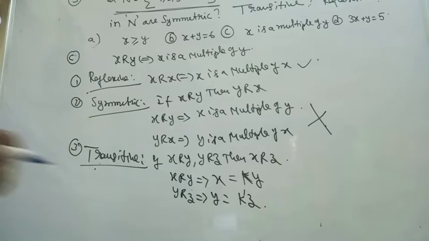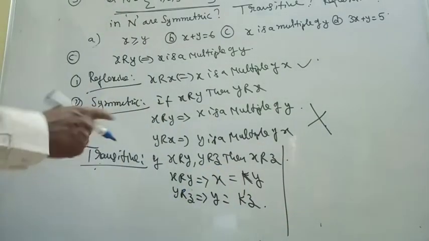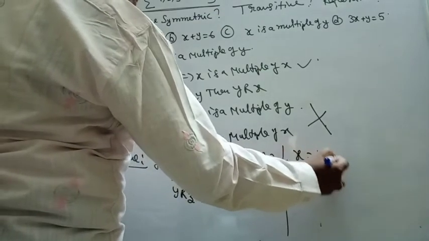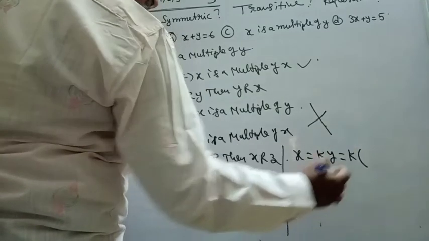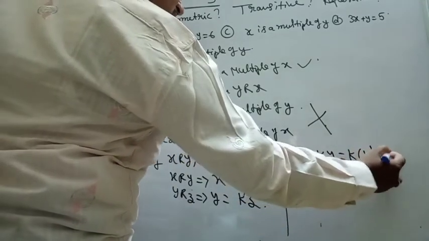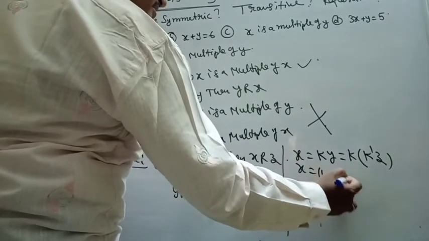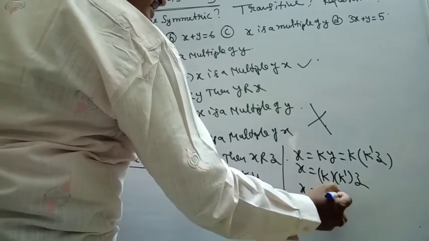Now I want to prove that x is related to z. We have x equal to ky, and y is nothing but k dash z. So x is equal to k into k dash z, that means x is equal to some k double dash z.